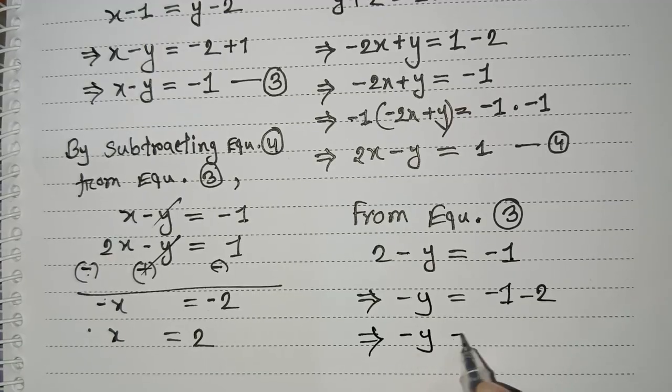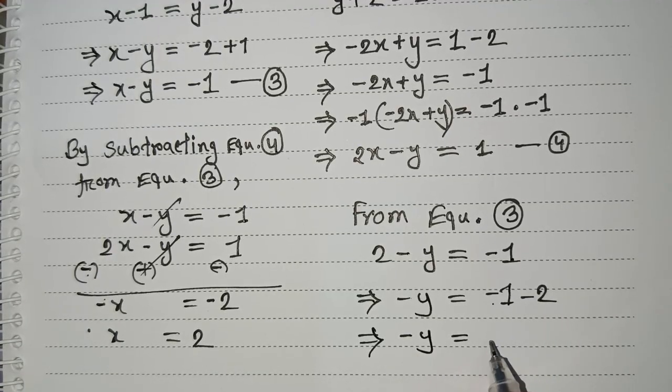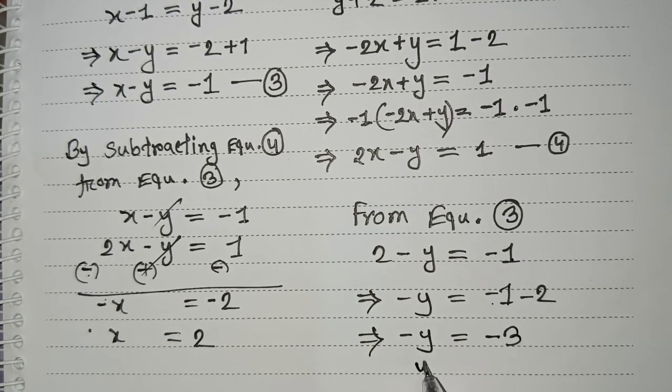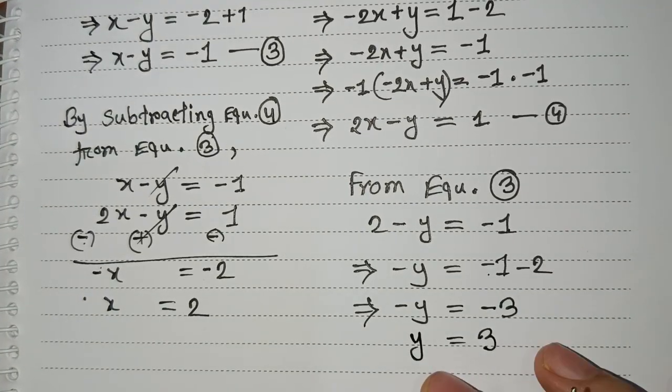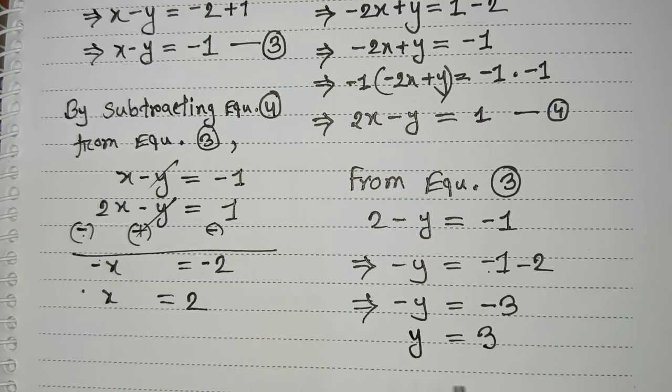So minus y equals minus 1 and minus 2, equals minus 3. By multiplying minus 1 on both sides, it becomes y equals 3. So the value of y is 3. So we get the values of x and y, respectively 2 and 3.